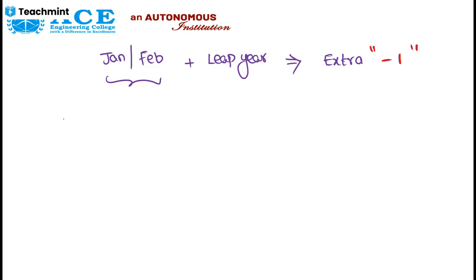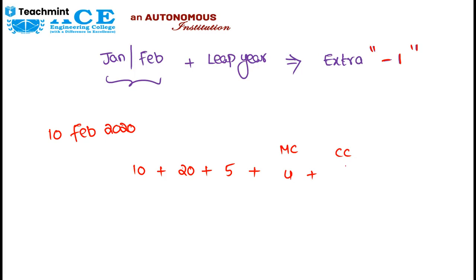For example, 10 February 2020. This is a leap year and February month. The last 2 digits, 20, divided by 4, we got 5. Month code is 4.